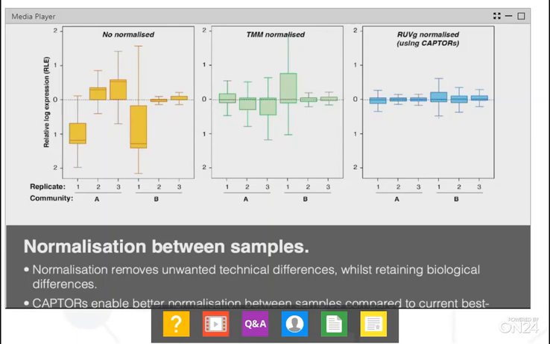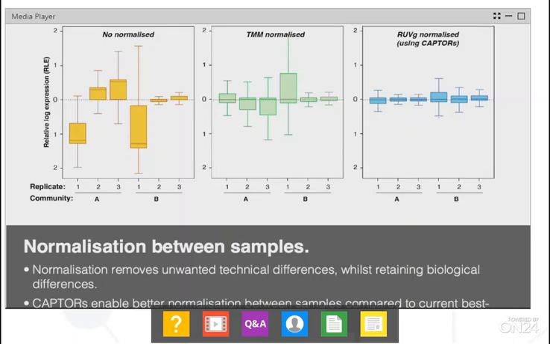So any 2 libraries that have been prepared with the CAPTORs can be accurately normalized using the reference CAPTORs to remove unwanted batch effects and differences. To demonstrate this, we've run on our samples a range of different normalization methods.